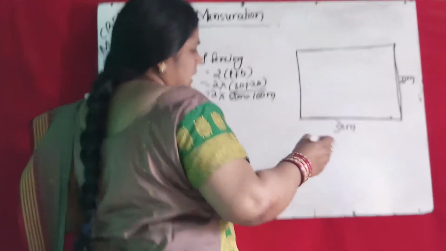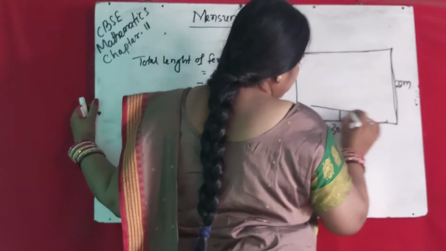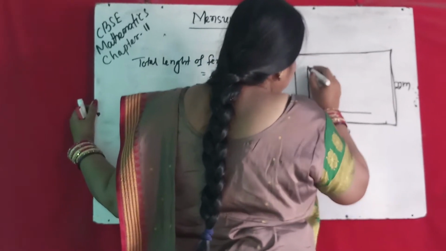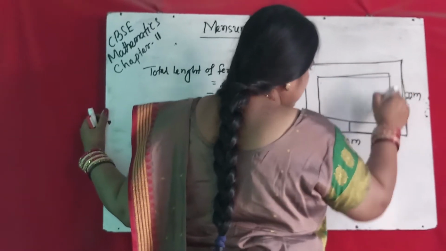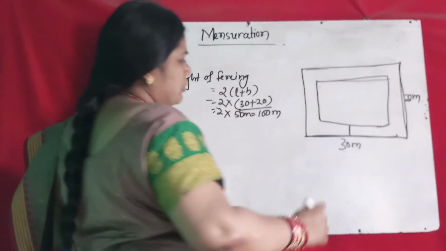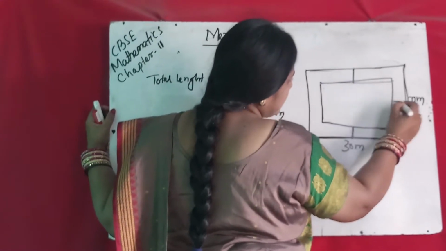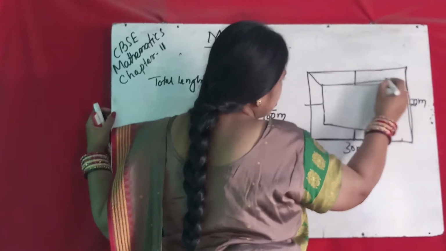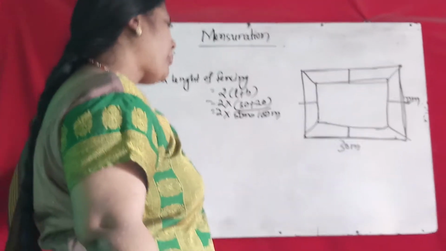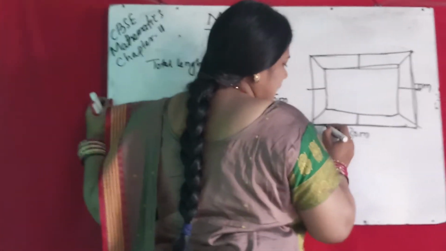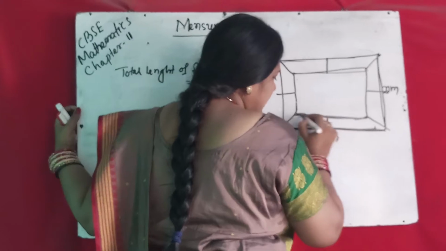Another question: there is a path for walking, and inside it there is a garden. Suppose the path is 1 meter on every side. If the length is 30 meter, what is the length of the garden?